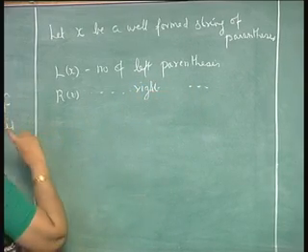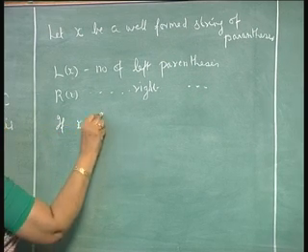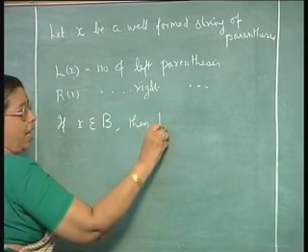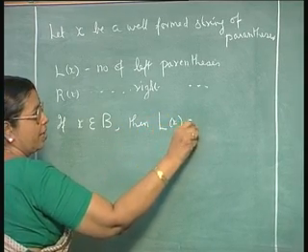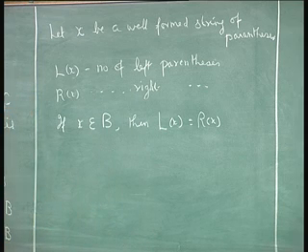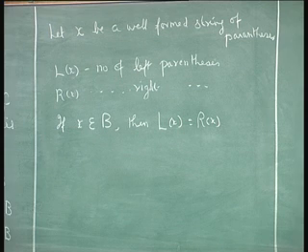Now we want to show that if x is a well formed string of parentheses, then L(x) is equal to R(x): the number of left parentheses is equal to the number of right parentheses. This you know already, but let us see how to prove it by induction.